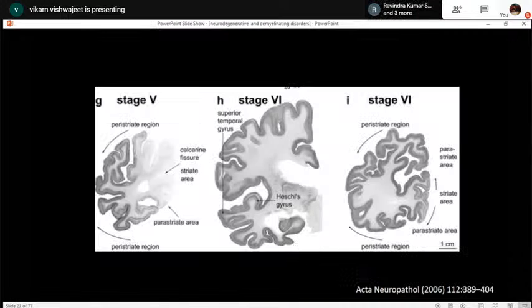Stage 6 is identified by extension into the parastriate area, peristriate area, and primary areas of the neocortex, the striate area of the occipital neocortex. So these are the different 6 stages in which the authors have described progression.